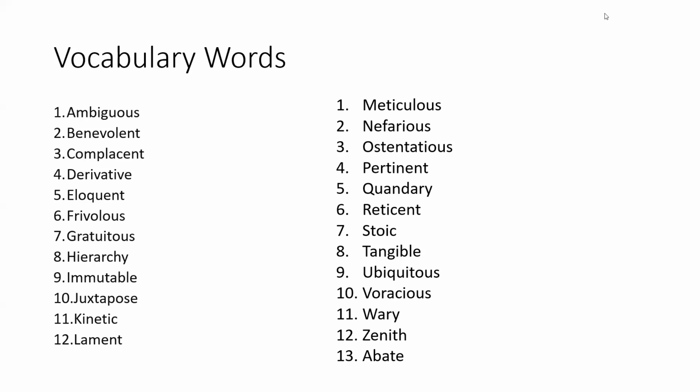Tangible, perceptible by touch. Chai, zenith, the time at which something is most powerful. Abate, become less intense or widespread. Very good. Again, I need you to pick 2 words that you do not know the meaning of and put it inside the chat for me, please.